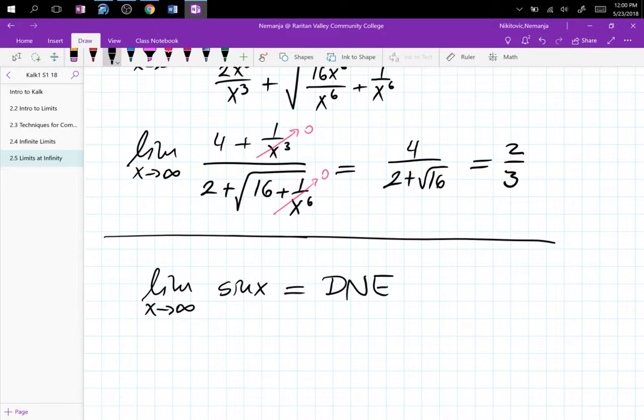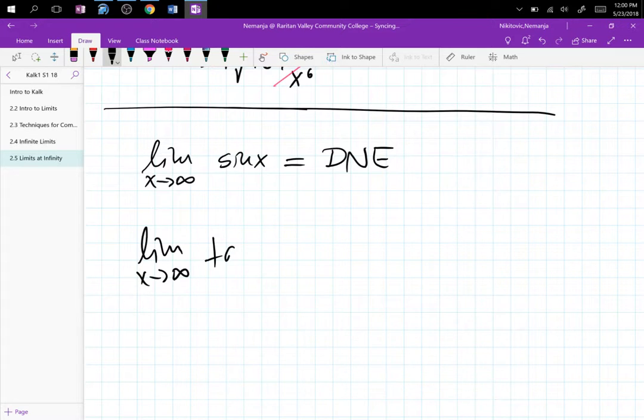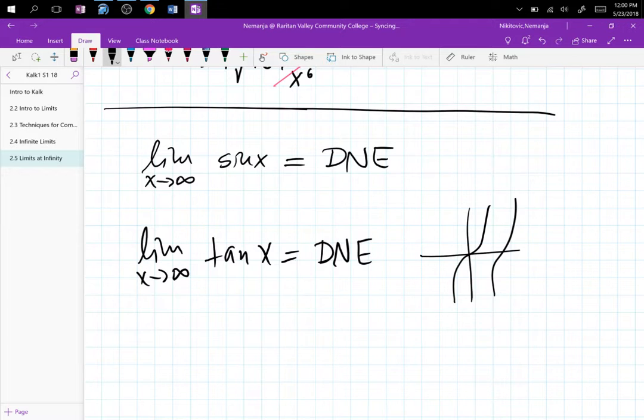But you have to be very careful. It does not work the same for inverse trig functions. Inverse trig functions do have these limits, some of them. So for instance, if you write limit x goes to infinity of tangent x, you are going to get does not exist, because tangent will have these going like that forever, and you don't know what value you hit.